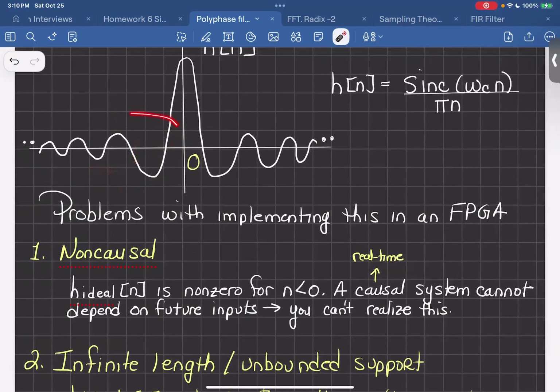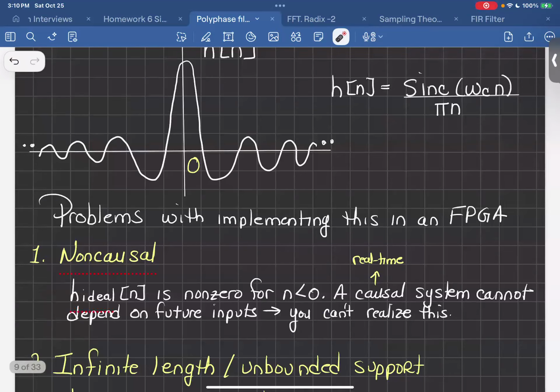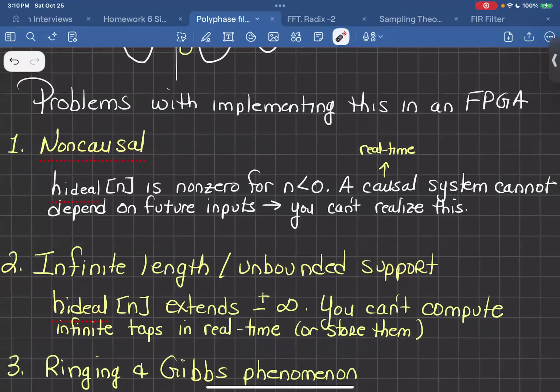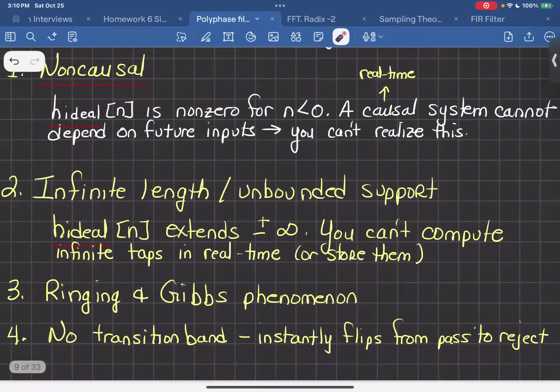It means that we need to have known what all of this information is in order to build this filter, and we don't have any foreknowledge of this. So we can't implement this system on real-time hardware. So a causal system cannot depend on future inputs.